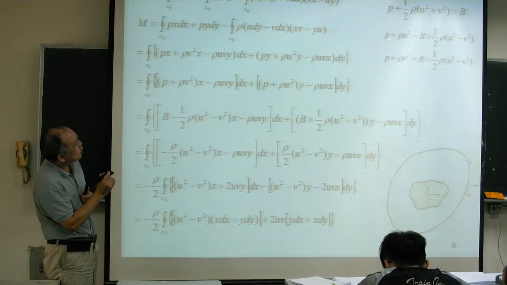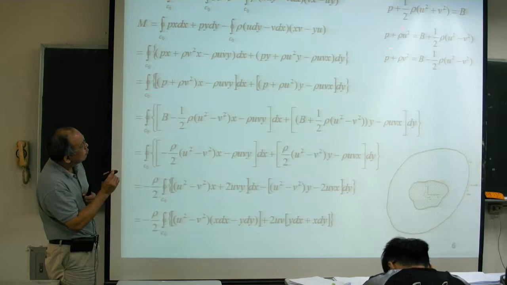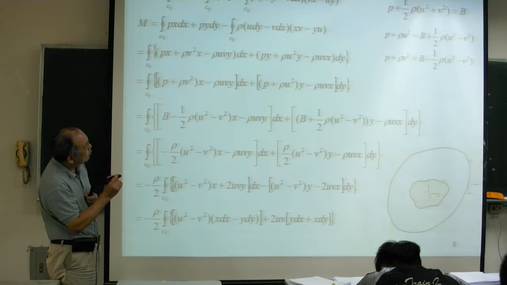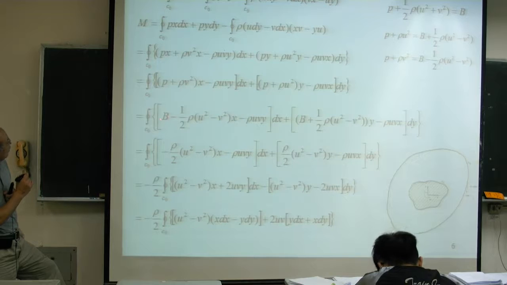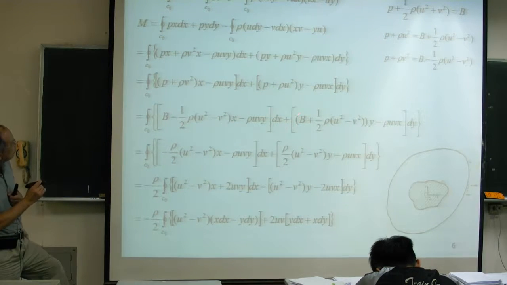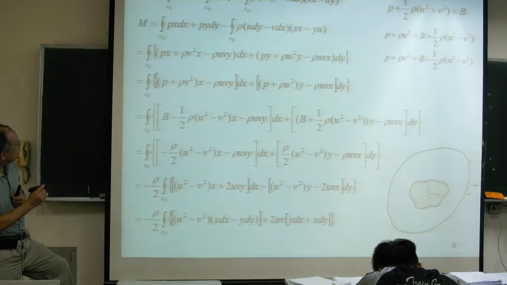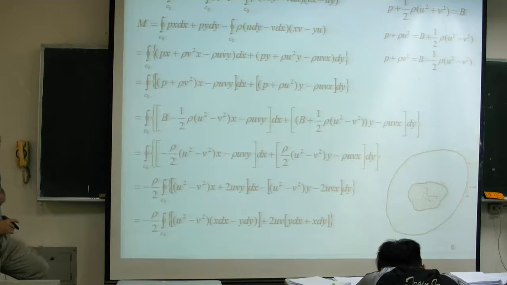Okay, Bernoulli equation gives me this, the original Bernoulli equation, but the p plus rho u square, through this you can find out it should be equal to this, p plus rho v square should be. So again, we replace like this, and this B and B through the closed loop integral, this B will be cancelled. So we have only these two terms left in our integral form.